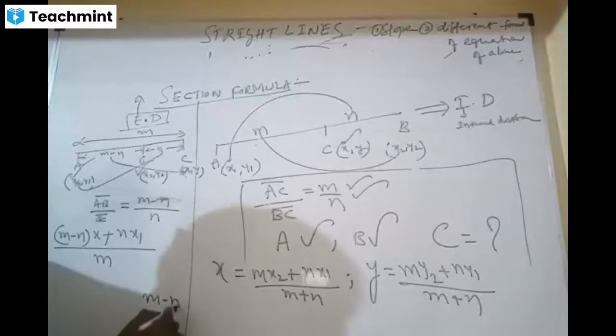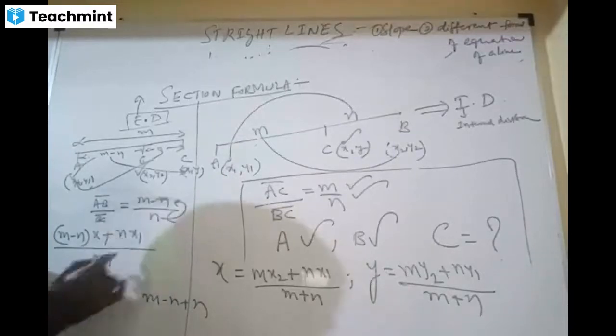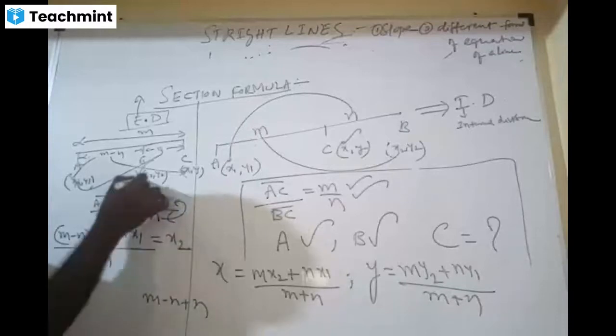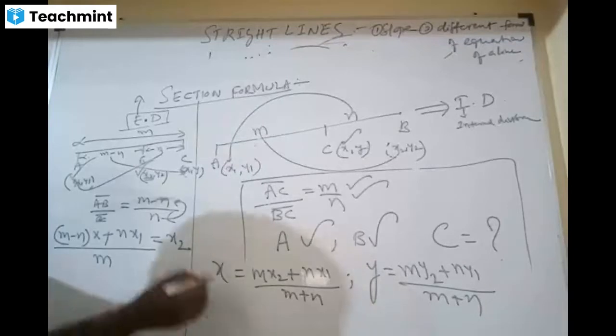When you add, what do you get? m. That is the x coordinate x2.